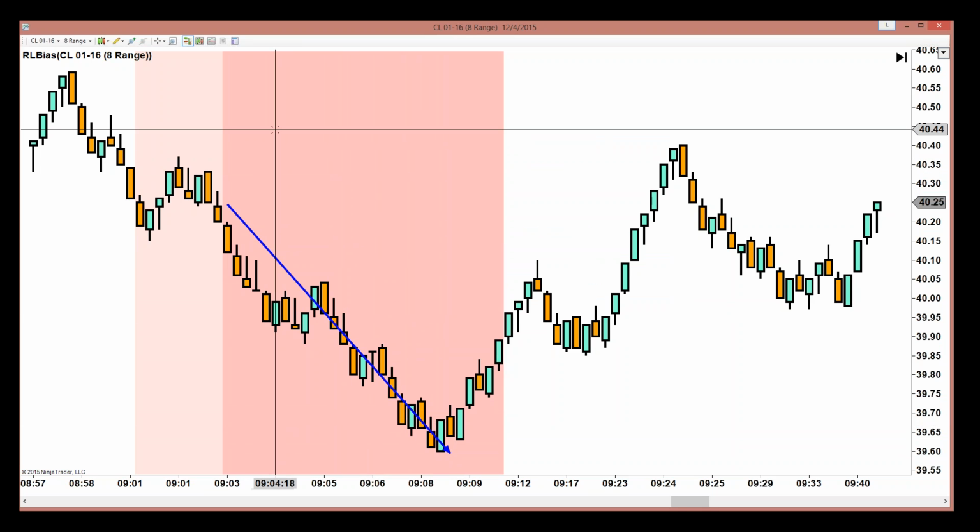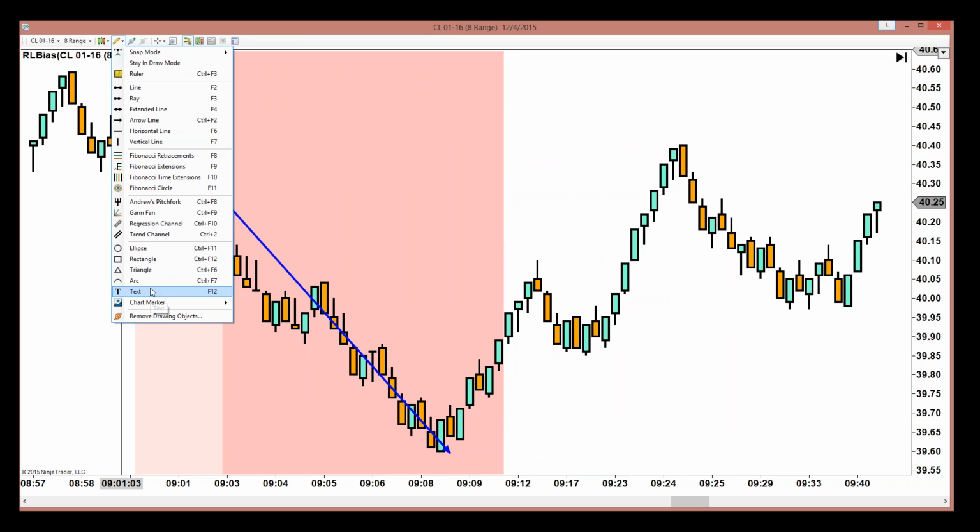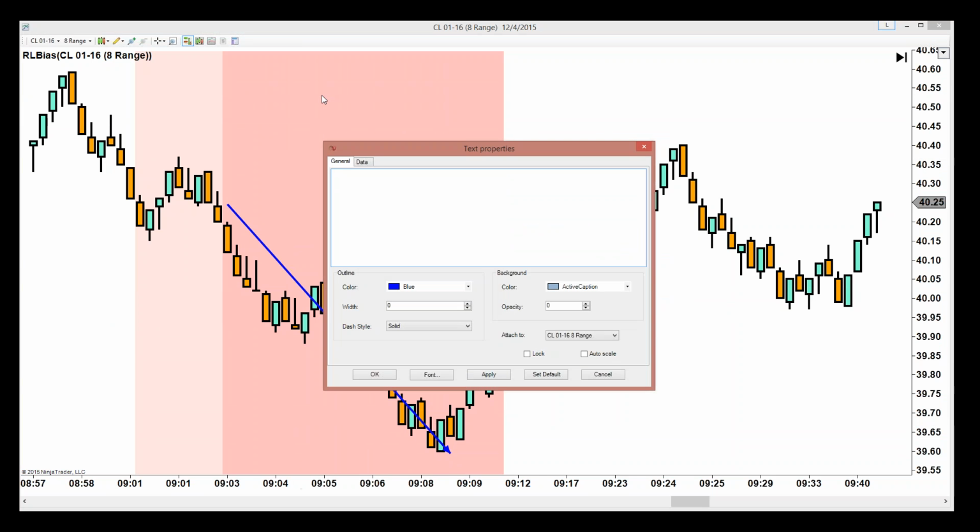Now, what the background bias does is do two things. It looks, one, at the direction of the 50-day SMA and the direction of the 15-day, and it's our proprietary moving average.